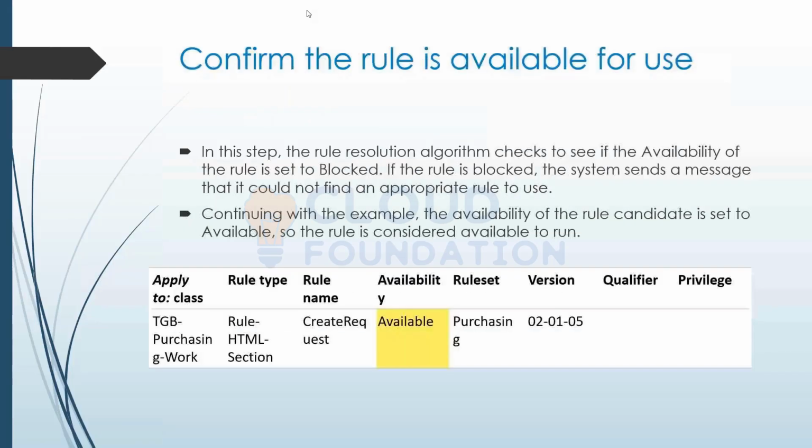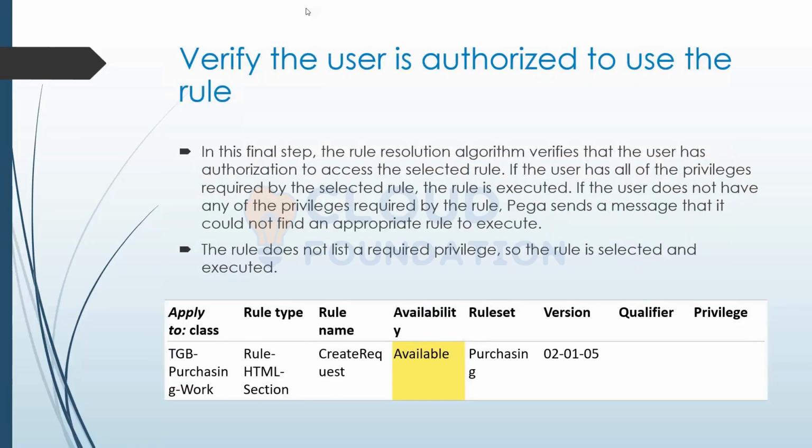The next step is checking if it is blocked. Is this rule available or is it blocked? That will be checked. No, this rule is available, fine. Probably your last step is to check if there are any privileges for the user. We know privileges are defined for each specific rule for an operator to access it.